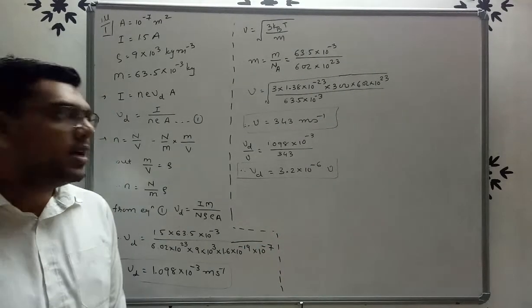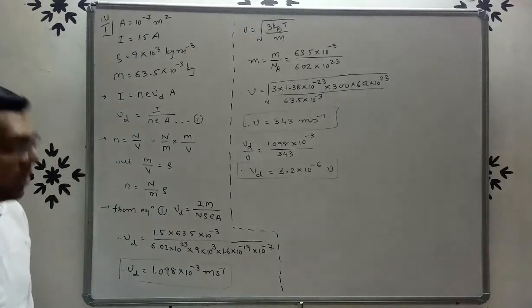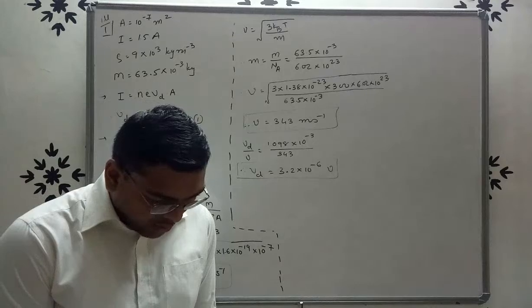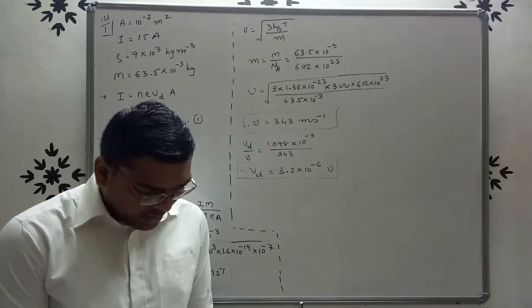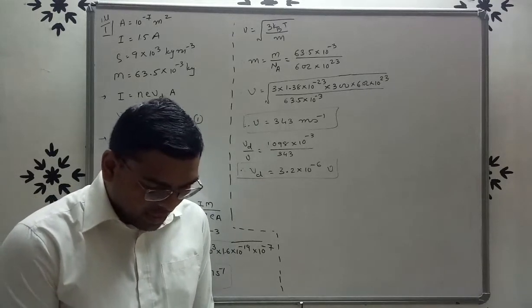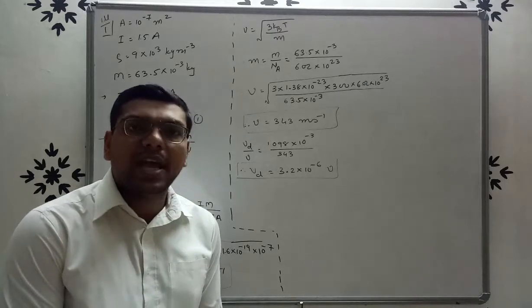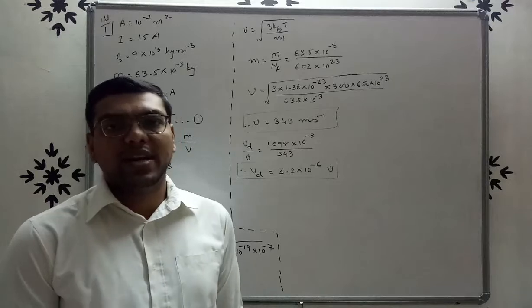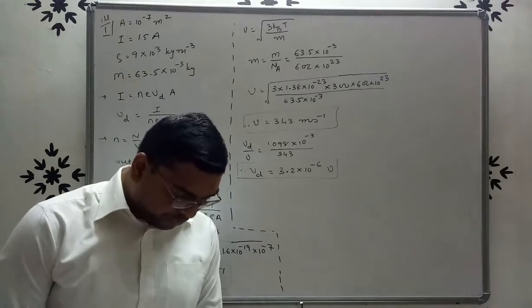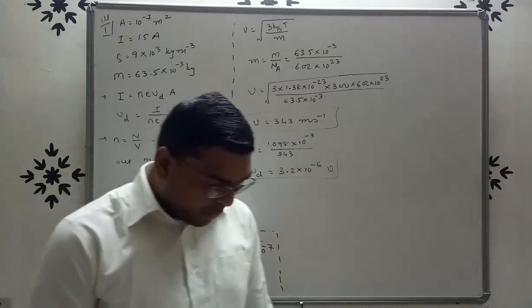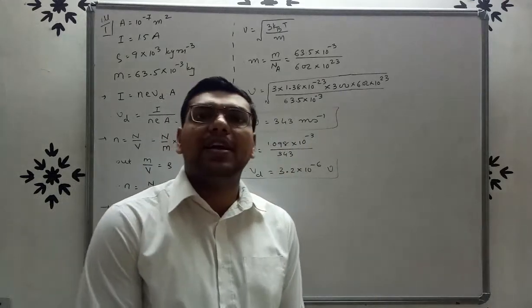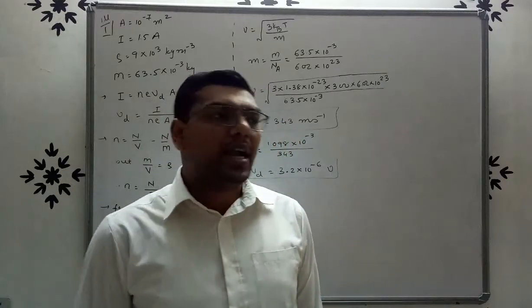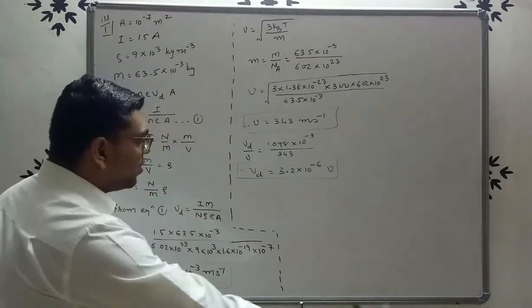Now in the third case, we have to find out the speed of propagation of electric field along the conductor which causes the drift motion. So here we have to compare the drift speed with the speed of propagation of electric field, and we know that the speed of propagation is 3 into 10 raised to 8, which is the speed in vacuum, right?